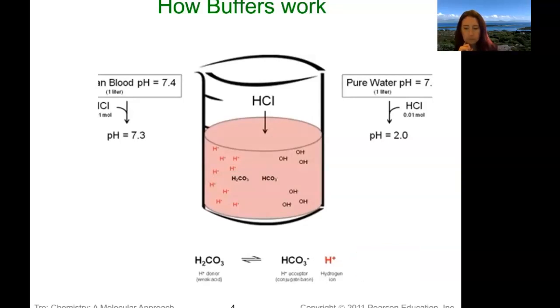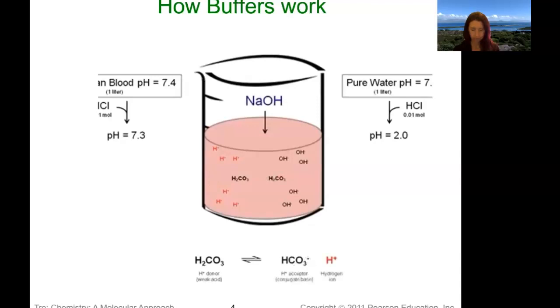Those protons will combine with the conjugate base and form more of the weak acid, so that the proton concentration doesn't increase so much. Here in the flask, you see the protons moving and combining with the conjugate base, forming more of the weak acid. And this happens over and over again to prevent the rise in proton concentration and the addition of an acid.